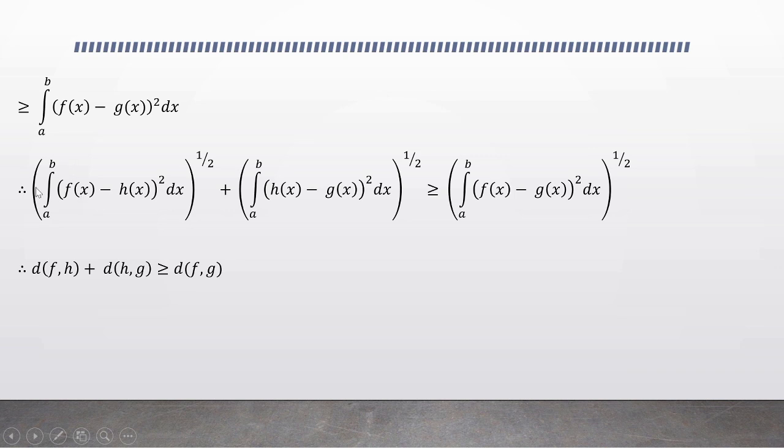So now, taking the square root of both sides, we get this value, but this is nothing but d of f, h, and this d of h, g is less than or equal to the value of this, which by definition is d of f, g. So it satisfies the triangle inequality, and therefore d is a metric.